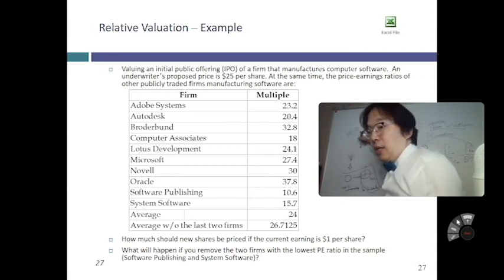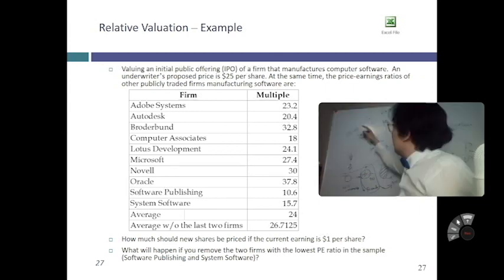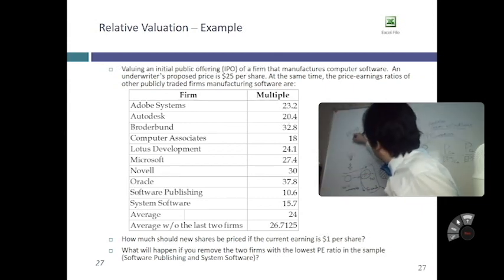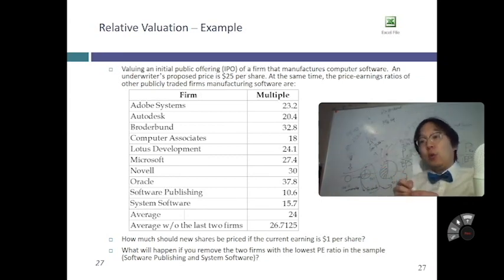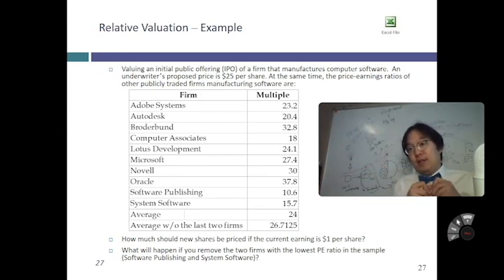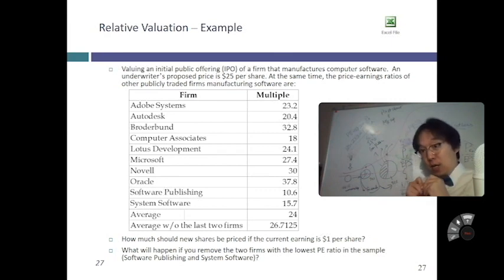So that means for each dollar of EPS of Adobe, the investors outside in the stock market are willing to pay 23.2 times as a stock price per share.